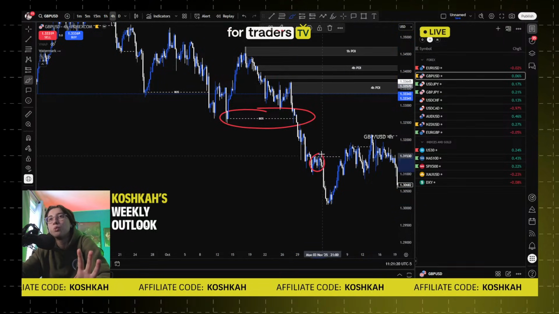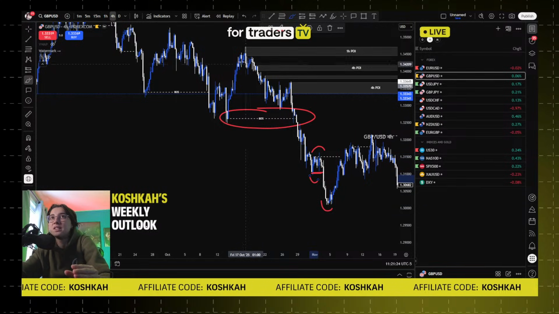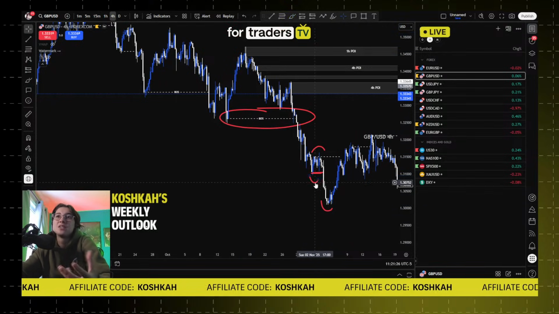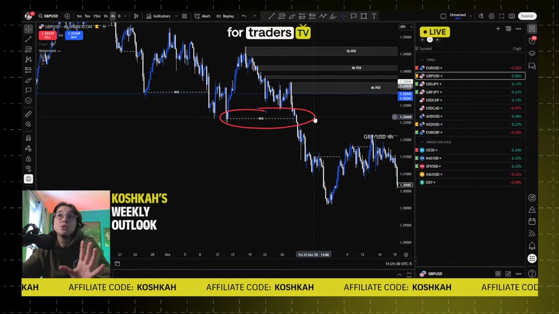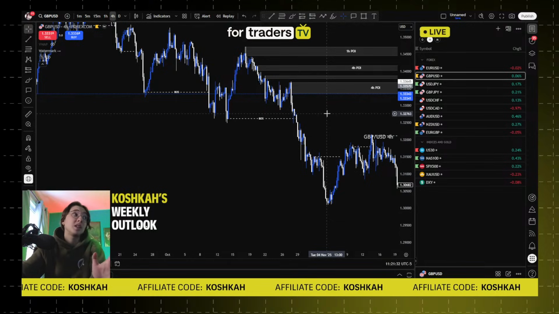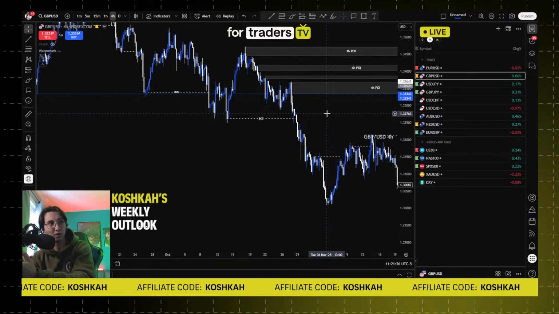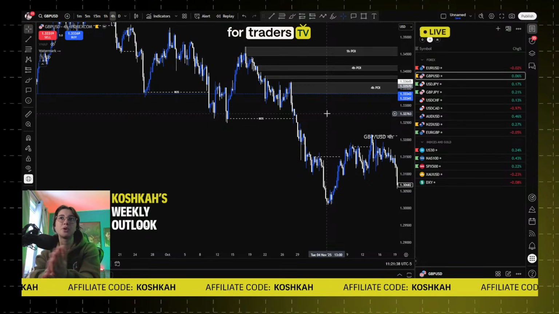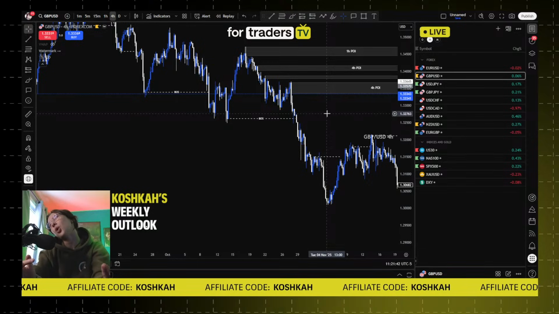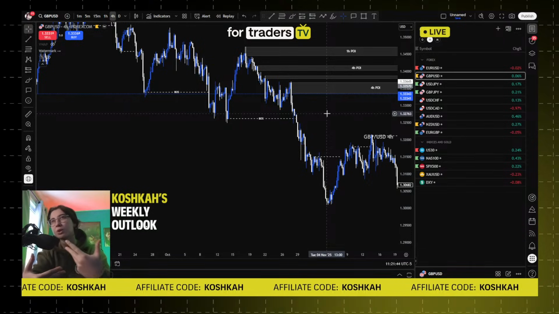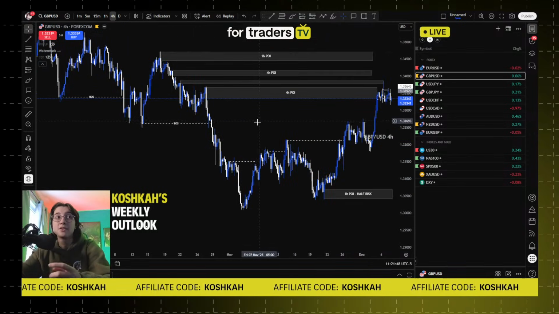Even if we have a little pullback right here, I guess you could have considered this as a small range too and then have this as your previous two ranges. So that's why it's really, really confusing. If it's confusing, what I recommend you to do is to just lower your risk. If, for example, you would enter with 1% on that trade, you can enter lower. For example, you can enter with 0.5% for the trade. But at the end of the day, you never know which one of the trades will really get a reaction, which one won't.